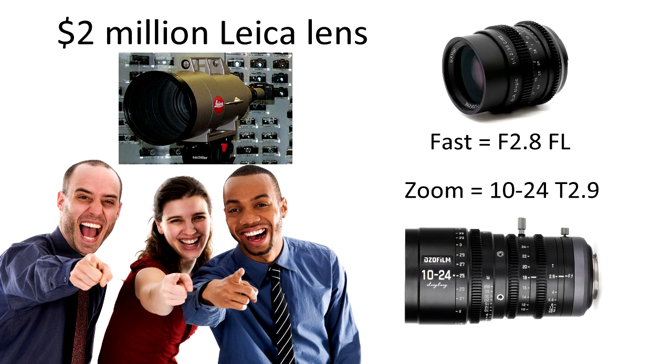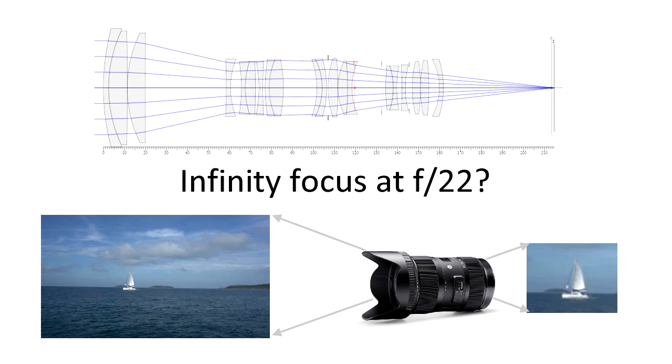If the moon was 400,000 kilometers away, you would need a very special lens to zoom in and photograph it. So they'll talk about infinity focus. So you get a zoom lens, they'll say, well, around about f22, everything's in focus. It's going to be a wide angle lens.